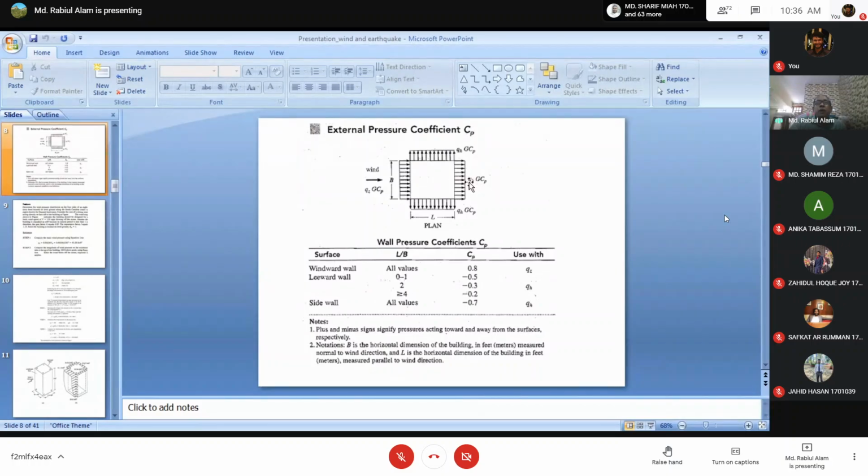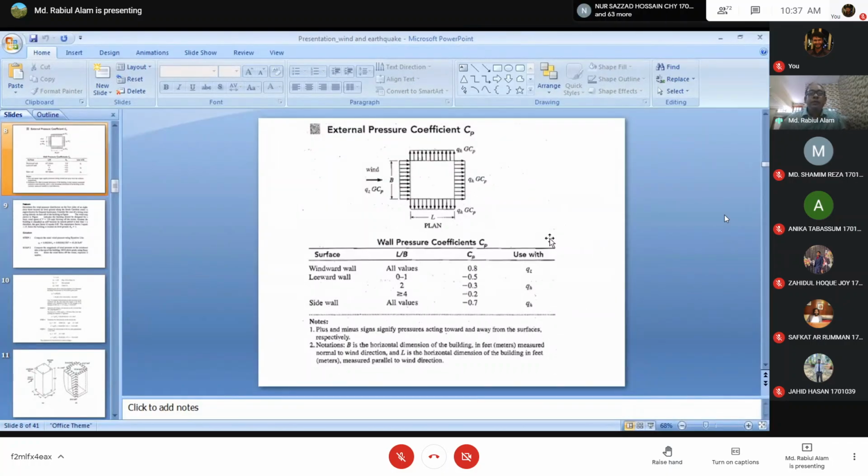It's constant, it does not vary. Whatever wind pressure is at the bottom of the structure, the same is at the top. That's why they first calculate the wind pressure at the top and apply that pressure all along the height of the structure. This is the philosophy, and that's why they differentiated QZ and QH.